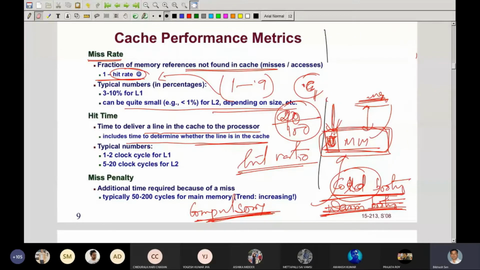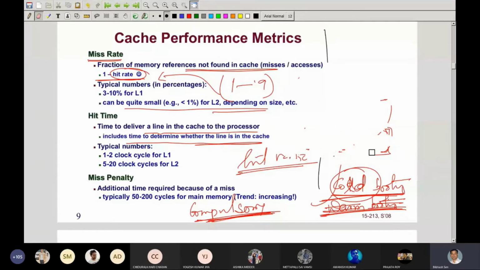So actually hit time is there during the searching of the page. Whenever you are searching, a fraction of time is required to get the page. That's why I'm saying it is the time to deliver a line in the cache to the processor as well as the time to search the cache.